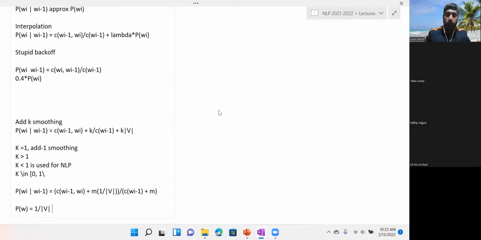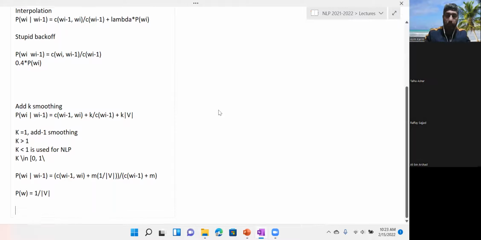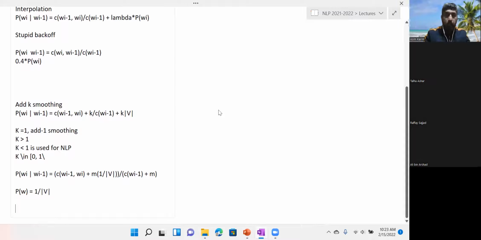So here, of course, we use the uniform word probability. You can actually use unigram probability as well. So for example, C(Wi minus 1, Wi) plus M times the probability estimate for Wi.